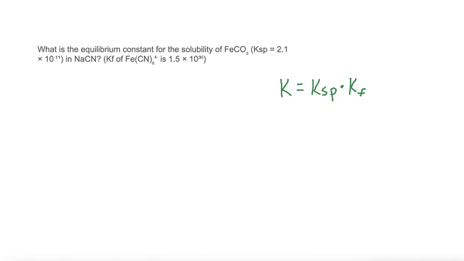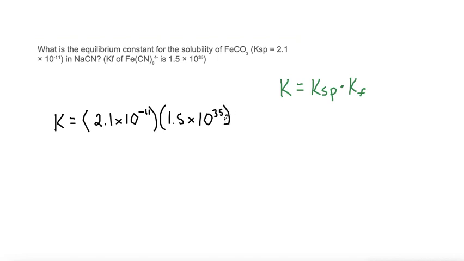So we're just going to take the KSP of the FeCO3, so the overall formula would be K is equal to the KSP of the FeCO3, which is 2.1 times 10 to the negative 11, and we multiply that by the KF, which is given as 1.5 times 10 to the 35.